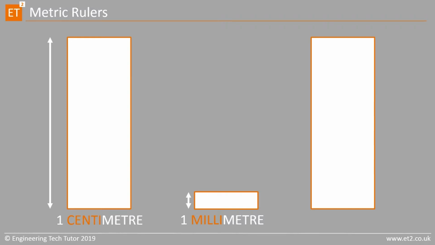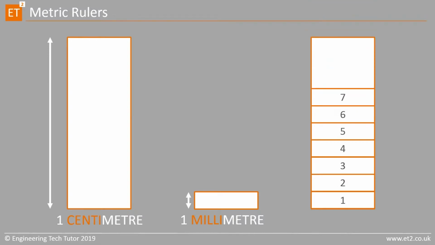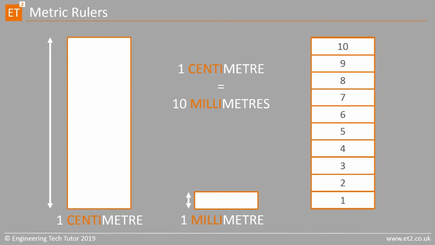Let's count. 1, 2, 3, 4, 5, 6, 7, 8, 9, 10. 1 centimetre is the same as 10 millimetres.